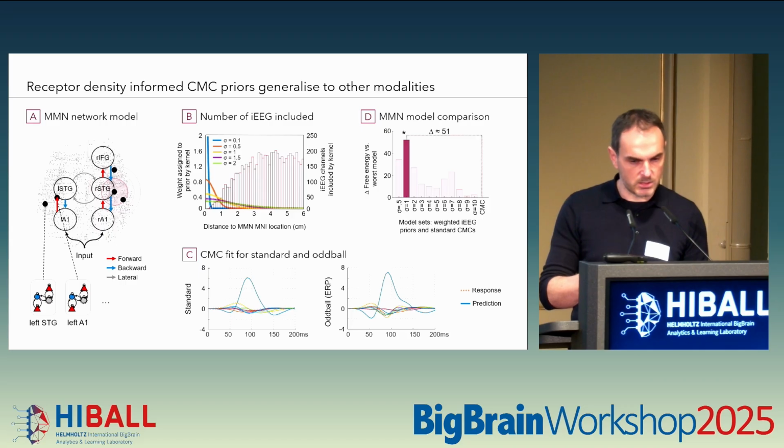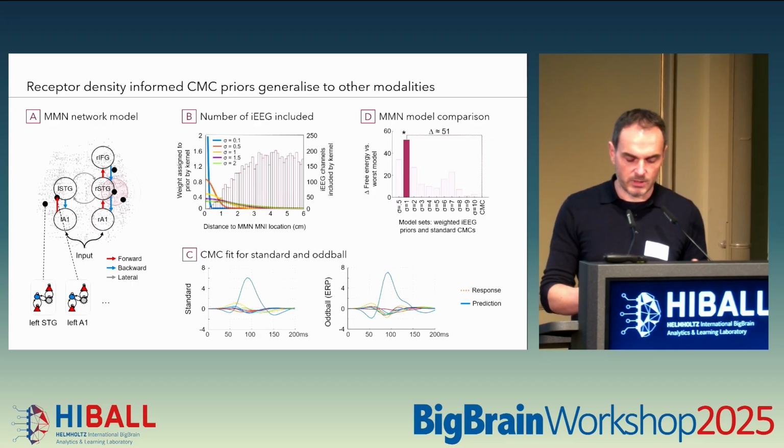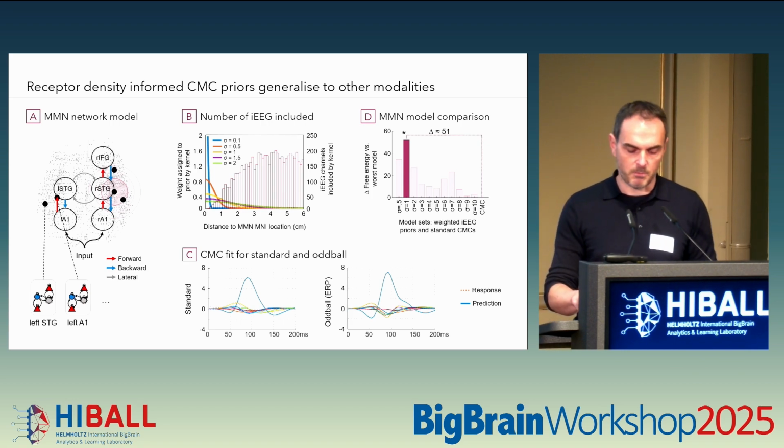We had different ways of including the data: with a Gaussian kernel, we included different numbers of priors around the specific MNI location to see what kind of magnitude and kernel might be best suited. We got one here, and that's also significantly better compared to the baseline model.